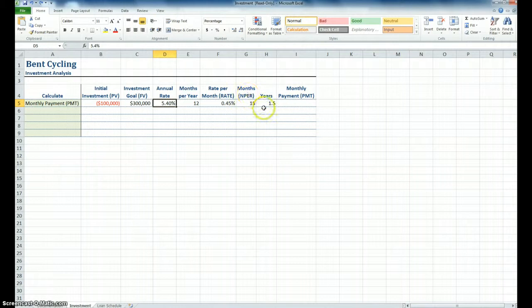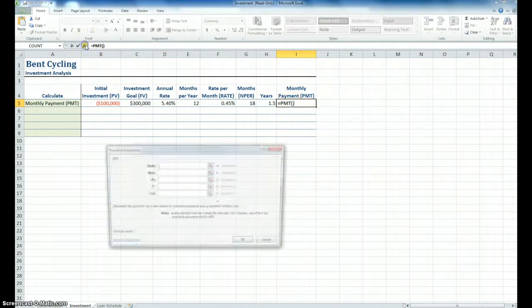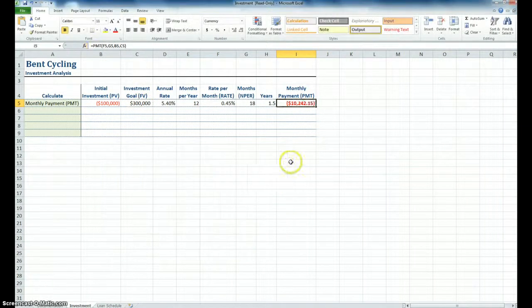This is going to be done in 18 months, which is a year and a half. And again, equals PMT. Double click, get my dialog box open. My rate is not D5 because it's not the annual rate, it's the monthly rate. Number of periods is 18. I want to do this in a year and a half. Present value is a negative 100,000. My future value is that, and there's my number.